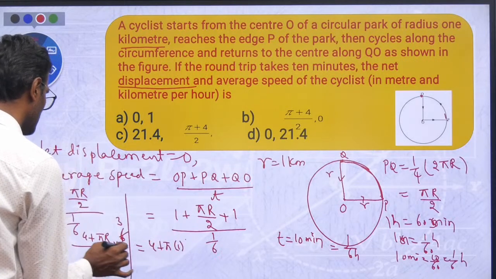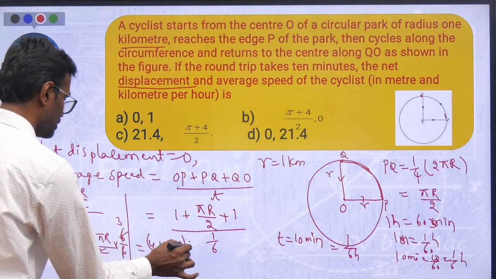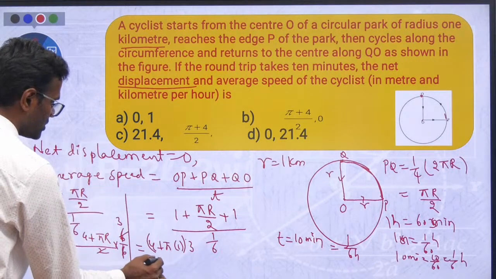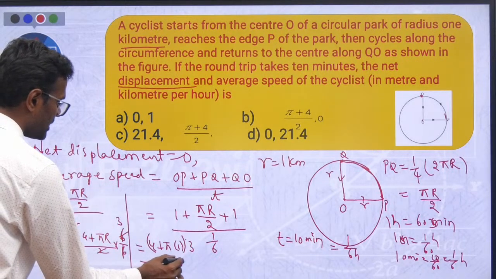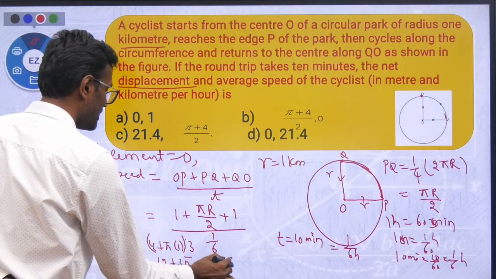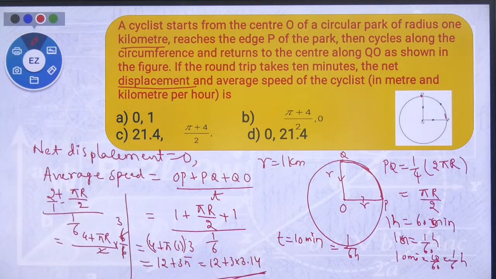Okay, 2 three times into 3. So into 3, that will be 12 plus 3 pi. So this will be 12 plus 3 into 3.14.